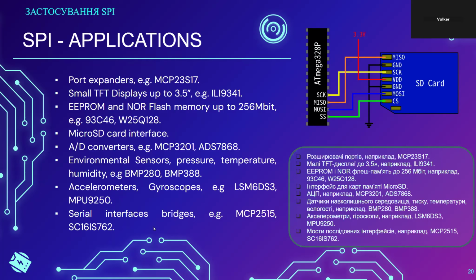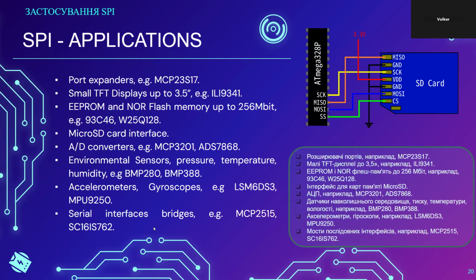For example, the MCP2515 has an embedded CAN controller. So if your microcontroller does not have a built-in CAN interface, you can use the SPI interface to communicate with a separate chip that implements the CAN interface.